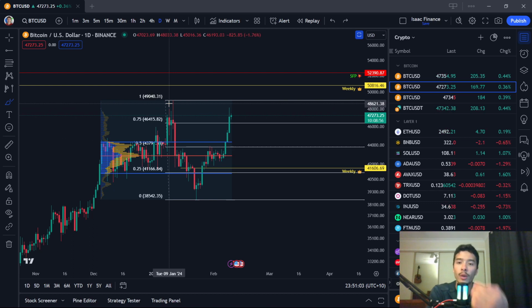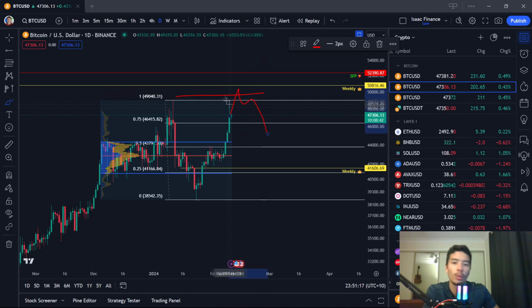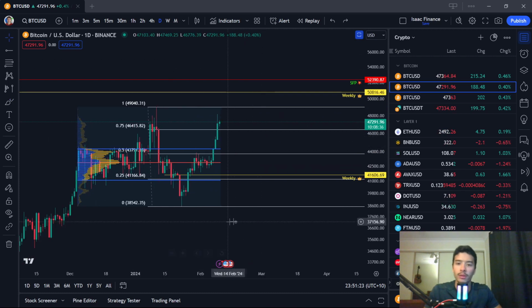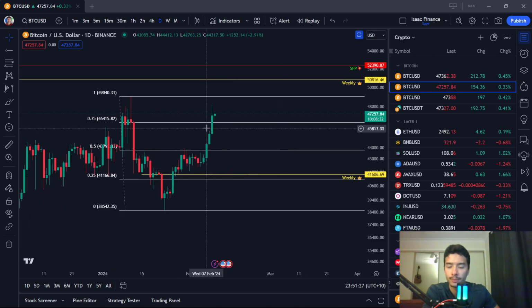You had people going crazy long in that region, and you also had a lot of people taking shorts. So a lot of people flipped their positions and took shorts up here, and they're going to leave their stop losses up here. So if you can wipe this region, we could then see a downturn, or a local downturn per se. I'm just spitting out ideas. These aren't necessarily proper trade plans, but just projections of what I think can happen.